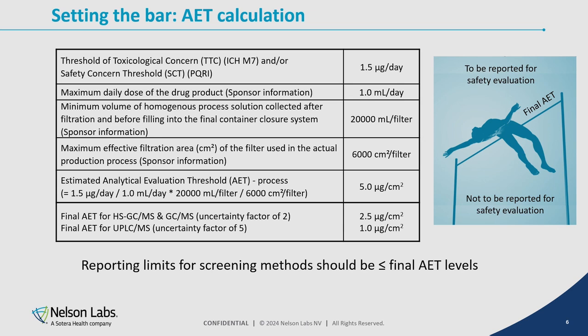And then we also should take into account the process information. So the minimum volume that was filtered in the process is 20 liters, and the filter has an effective filtration area of 6,000 square centimeter per filter. Doing the math, we end up with an estimated AET of 5 micrograms per square centimeter, and then taking into account our uncertainty factors, we have final AET levels of 2.5 micrograms per square centimeter and 1 microgram per square centimeter for LCMS.